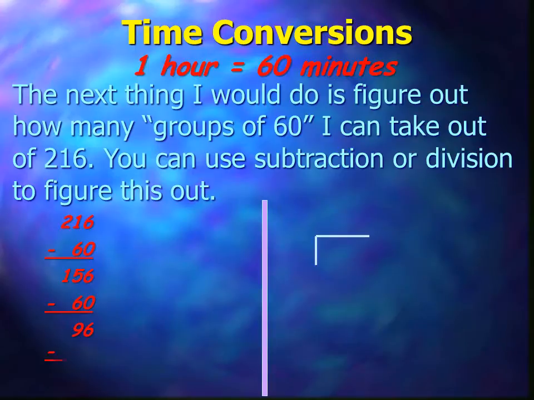And once again, 96 subtract 60, and I'm left with 36. So therefore, I need to count how many groups of 60, how many hours I took out of 216 minutes, starting off with 1, then 2, and 3. I have 3 hours, and what do I have left? 36 minutes. So 216 minutes is actually 3 hours and 36 minutes long.